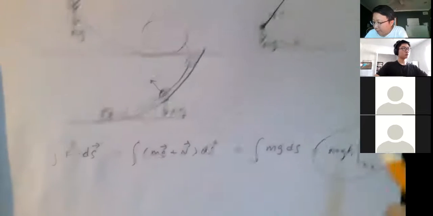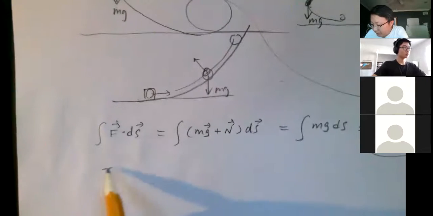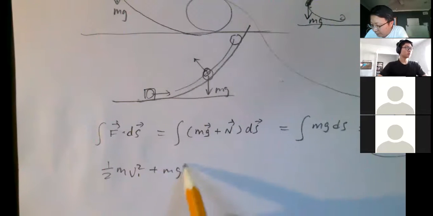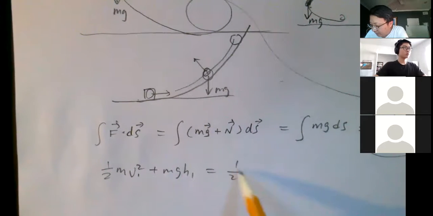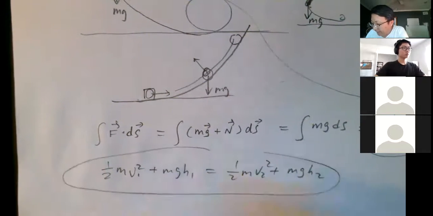If you put this back to here, that gives you the energy conservation: 1/2 mv1 squared plus mgh1 equals 1/2 mv2 squared plus mgh2.